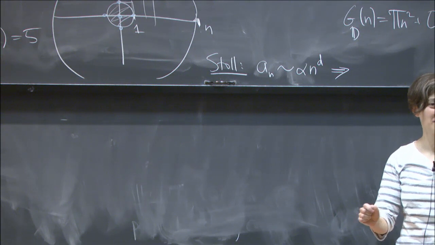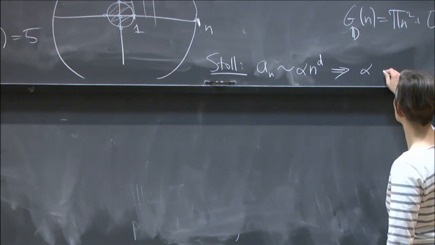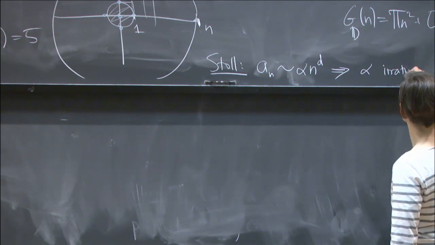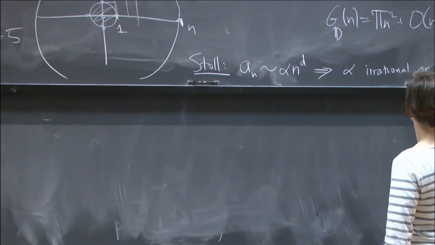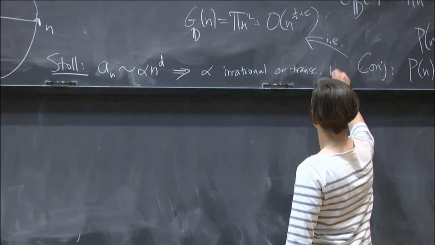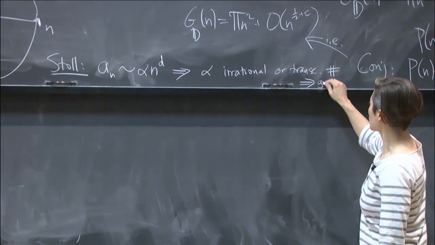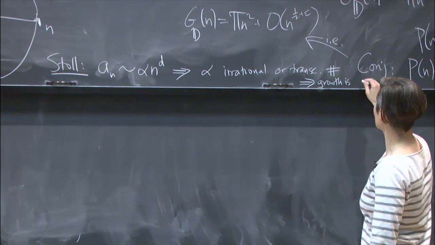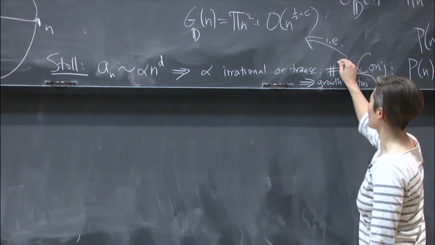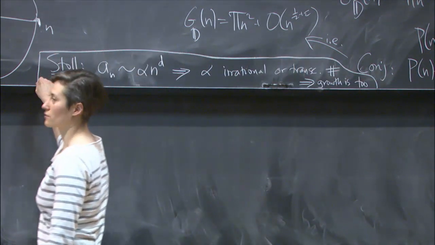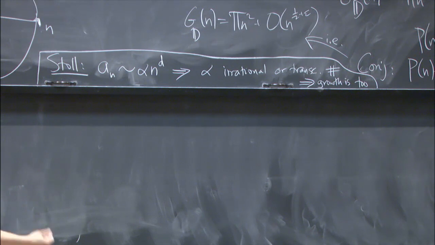That's very cool. So if alpha is an irrational or transcendental number, then the growth is too. That's just shorthand for saying the growth is also irrational or transcendental.